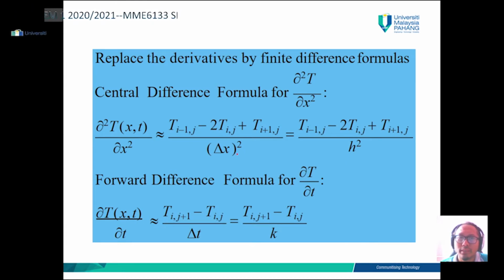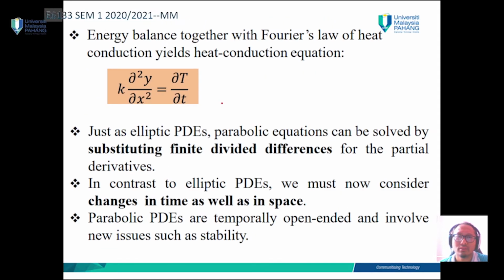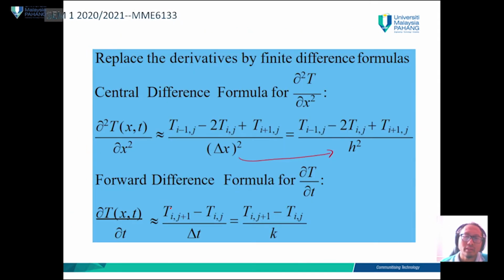So we are going to replace delta x with h. And for the forward difference formula for dT over dt, for the second part of the equation, we approximate it as T(i,j+1) minus T(i,j) over delta t, where we replace delta t with k.